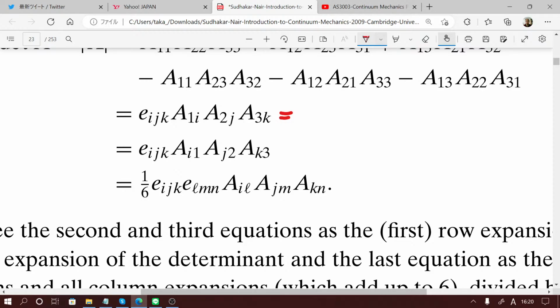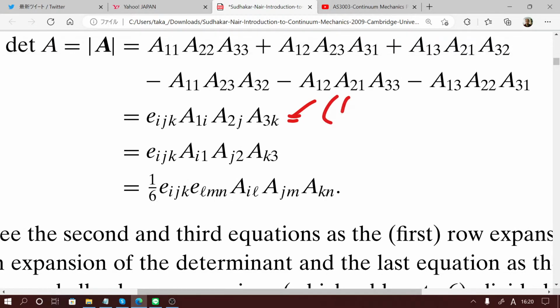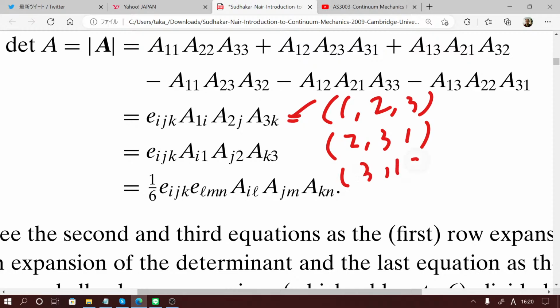So let's call this 1, 2, 3. We can do 2, 3, 1, which is also the same. 3, 1, 2 is also the same. And minus 2, 1, 3 is the same.